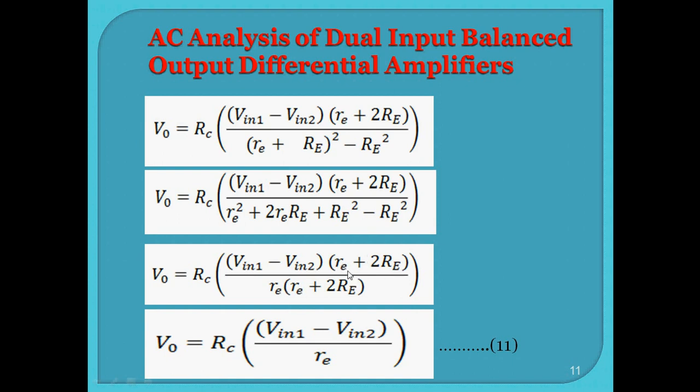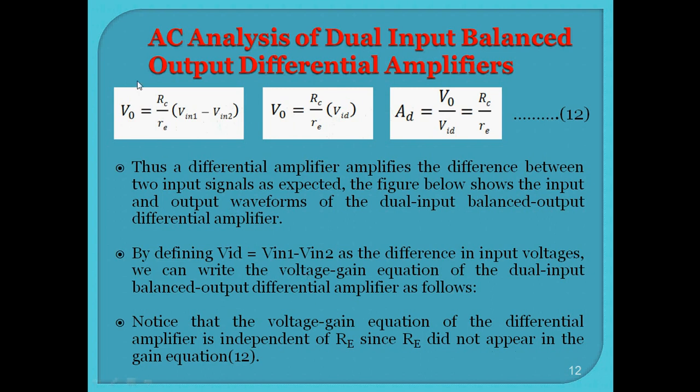So these two terms will cancel out each other, and the output voltage is nothing but RC into bracket V in 1 minus V in 2 divided by small re, or in another way we can write it as the output voltage is RC by small re into bracket V in 1 minus V in 2. So the output voltage is RC by small re times V in 1 minus V in 2, which is nothing but the differential input voltage VID.